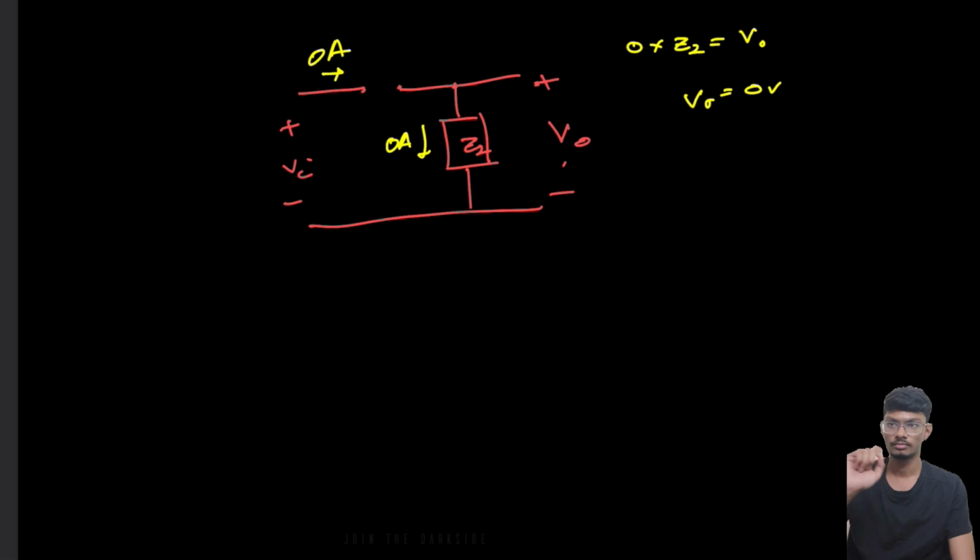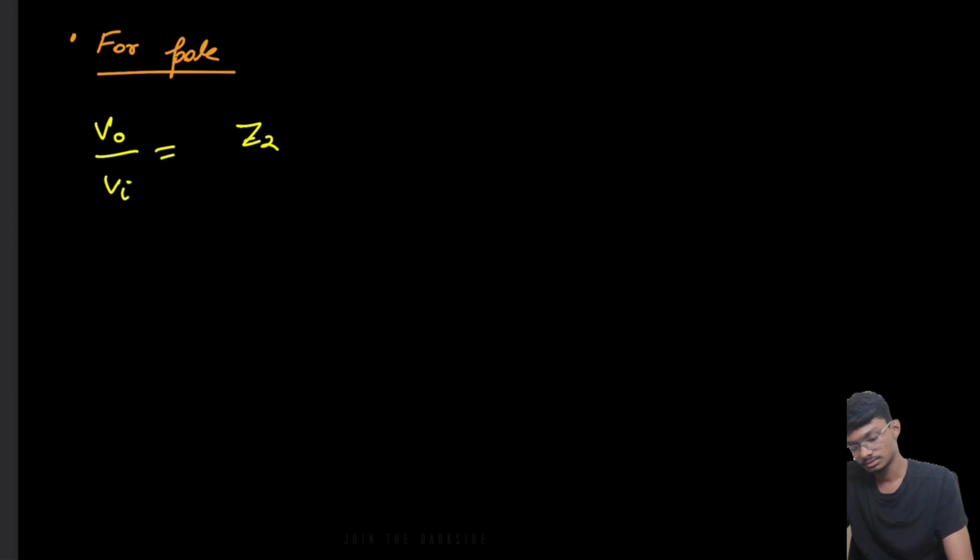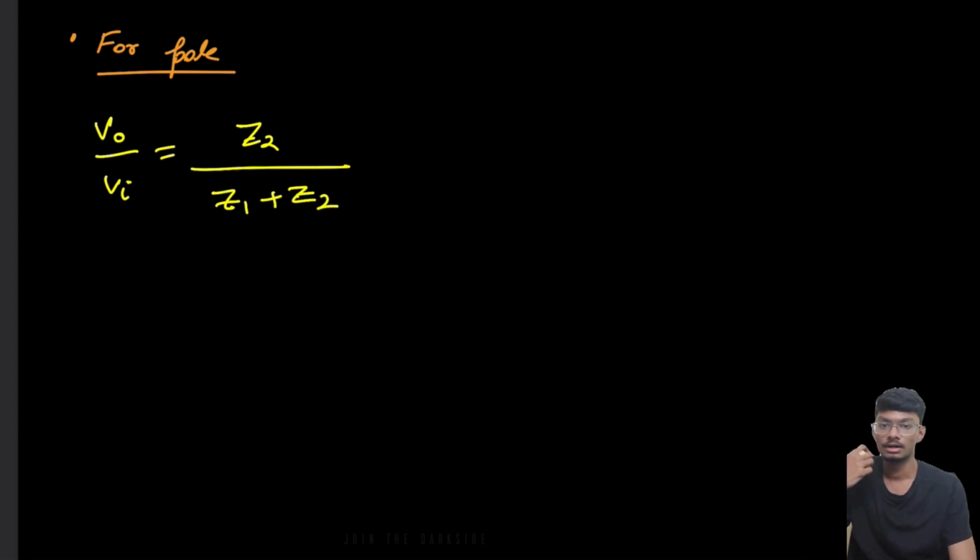Now let's go to poles, right? For poles, let me write down the transfer function first: Z2 over Z1 plus Z2, right? So for poles, what do we need? We need the output voltage to go to infinity for a finite value of Vi.